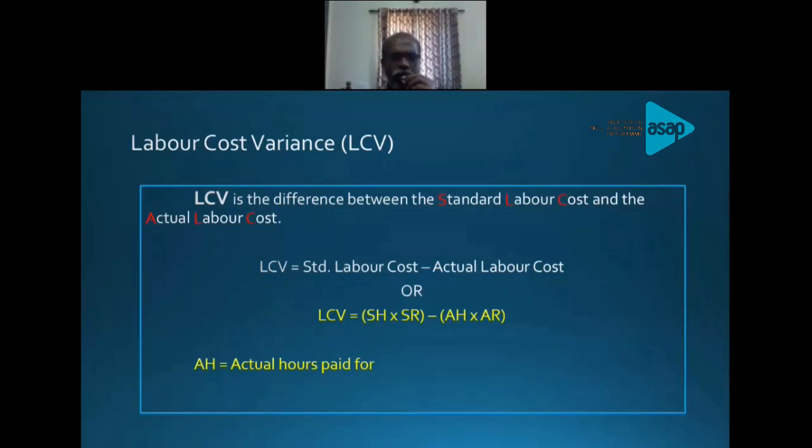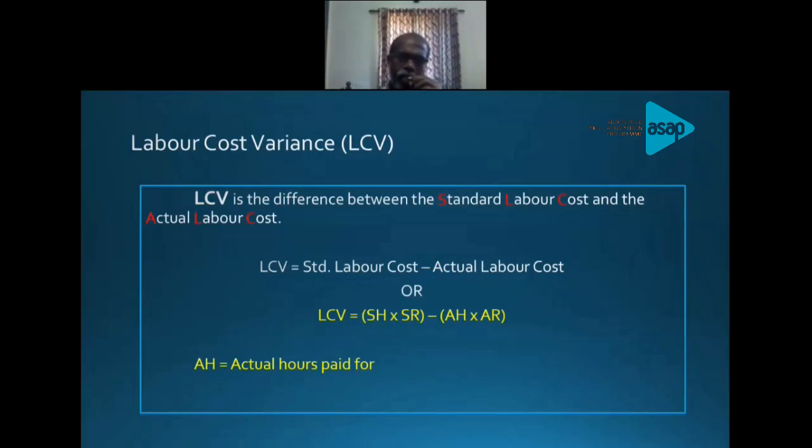Students, please understand that. Here standard labor cost means the standard labor cost for the output achieved, that is, for the actual output.